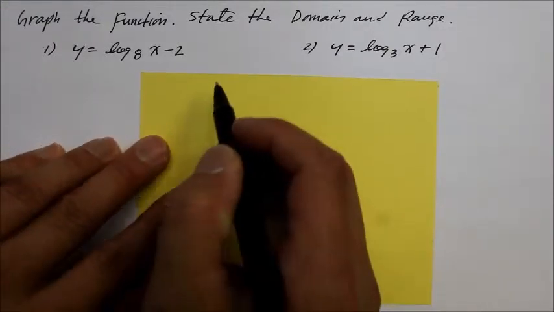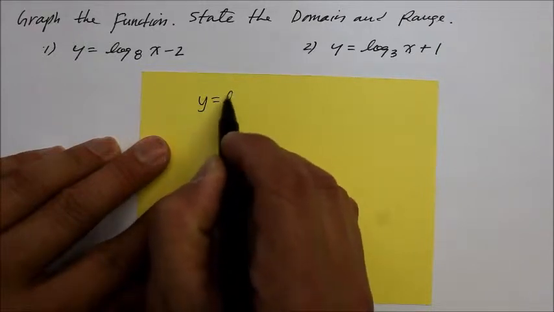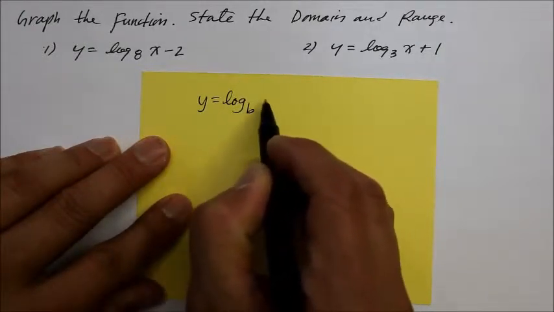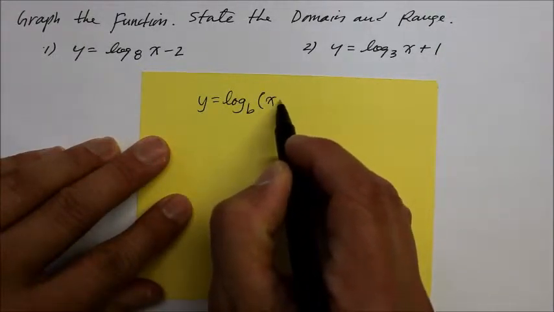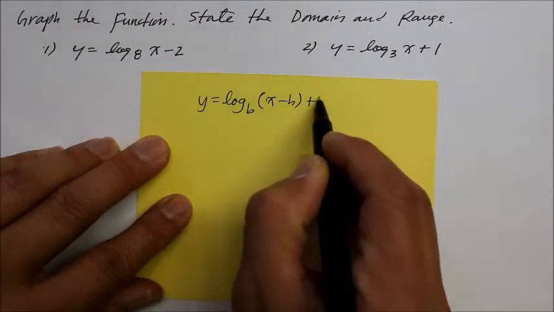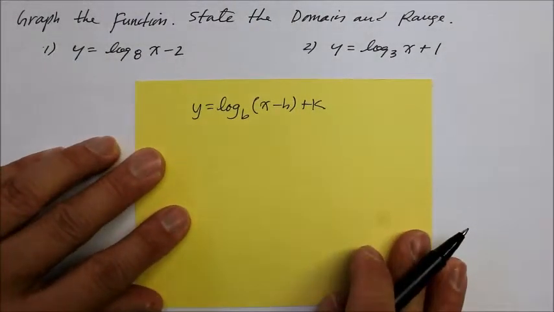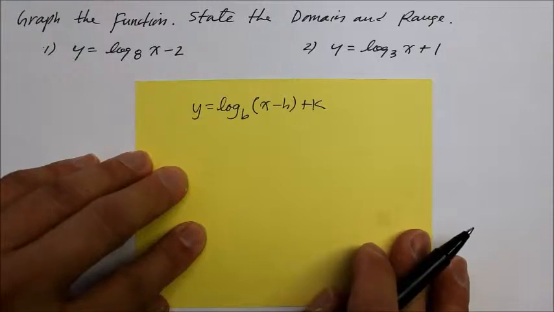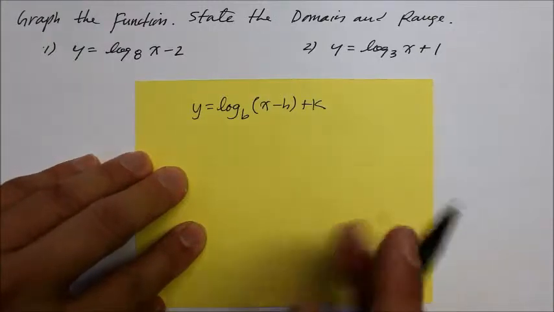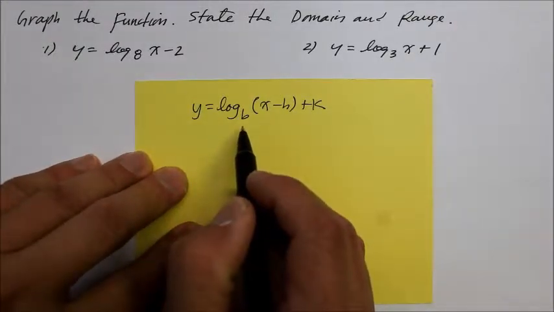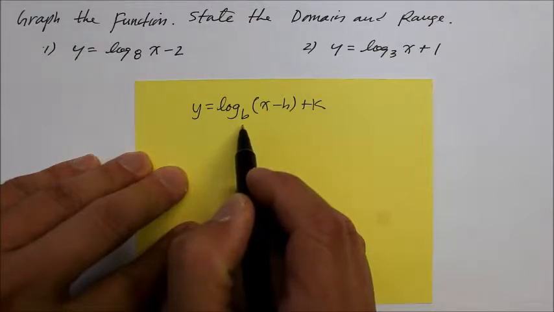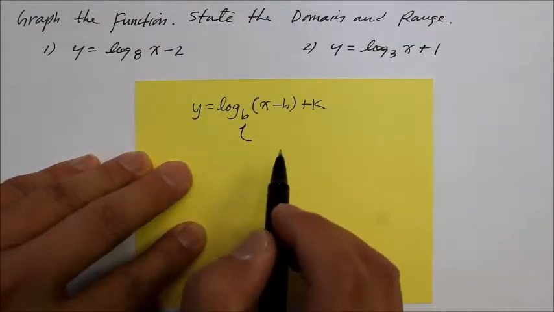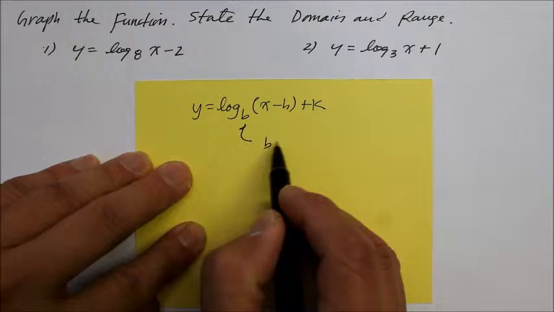Written as a function of x, let's say y is equal to log base b of x minus h, plus k. Here's the general form, and here's how the components are described. Since we can only take the log of a positive number, the base b can be greater than 1.